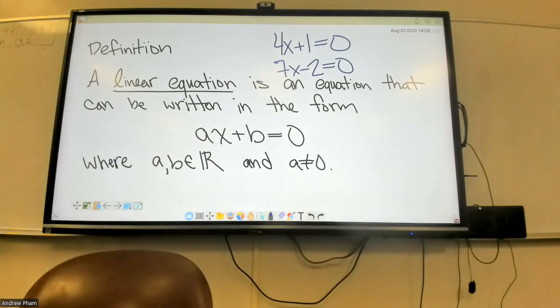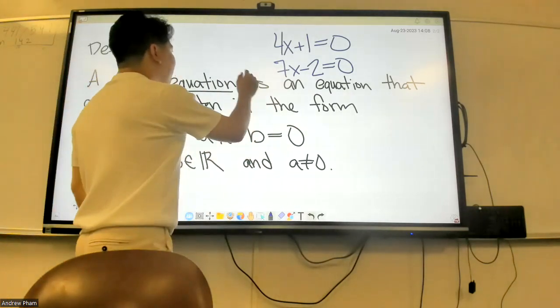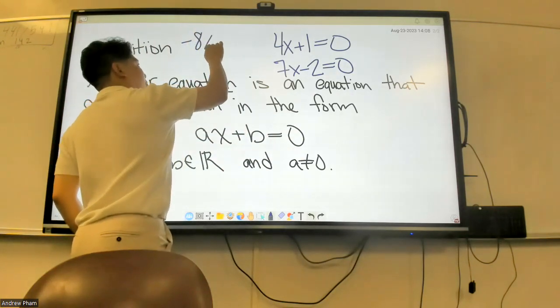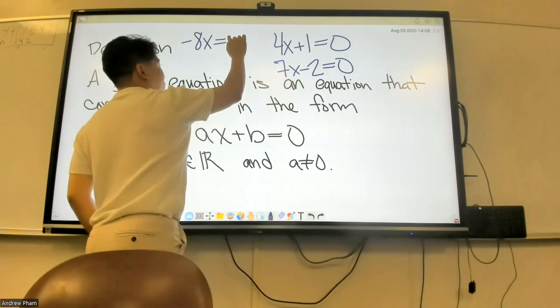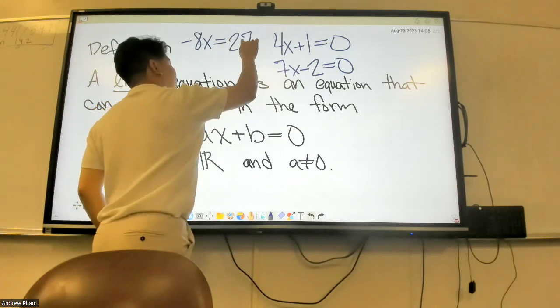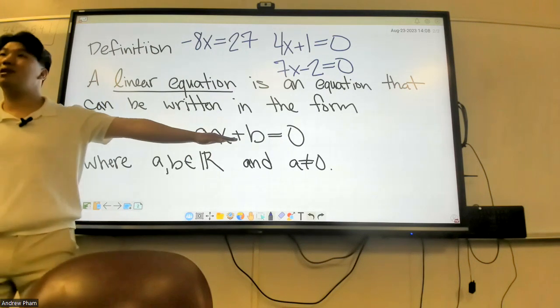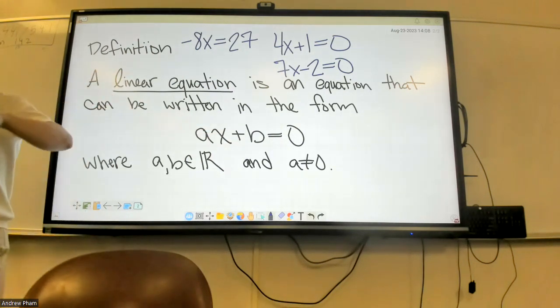All right, how about if I wrote negative 8x is equal to 27. Is that a linear equation? Is it possible for me to rewrite this to look like what I have here?